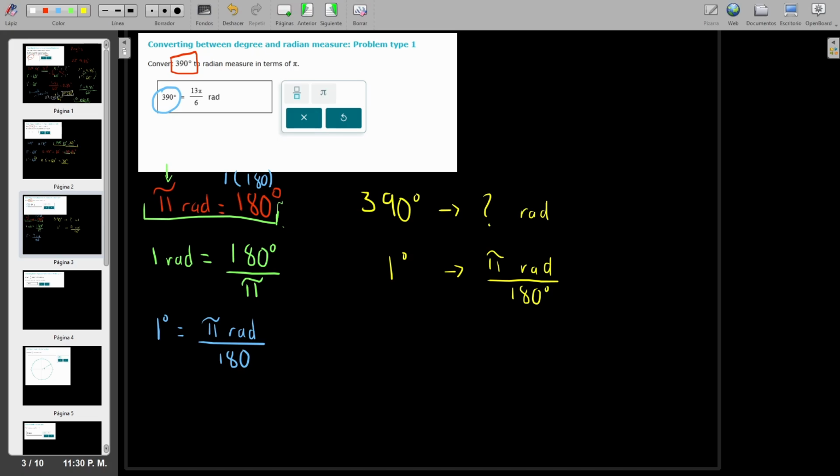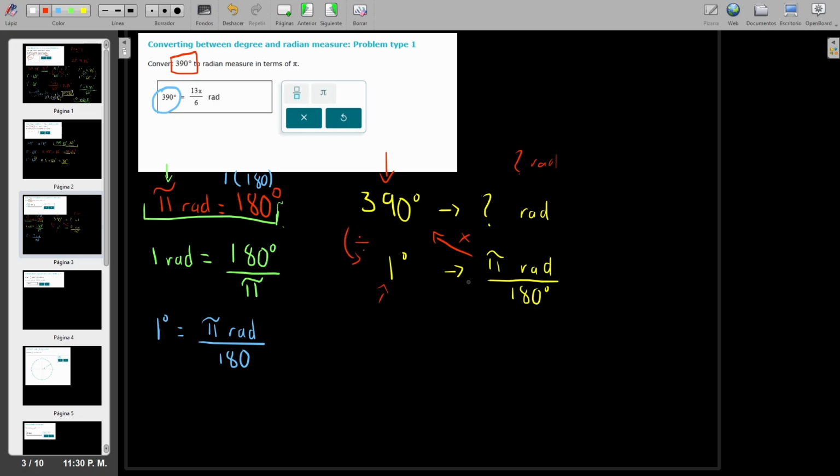Remember, we know the equivalence of 1 degree to radians, and we need to know the value of, in this case, 390 degrees in order to find how many radians, because we know that 1 degree is equal to pi radian over 180.